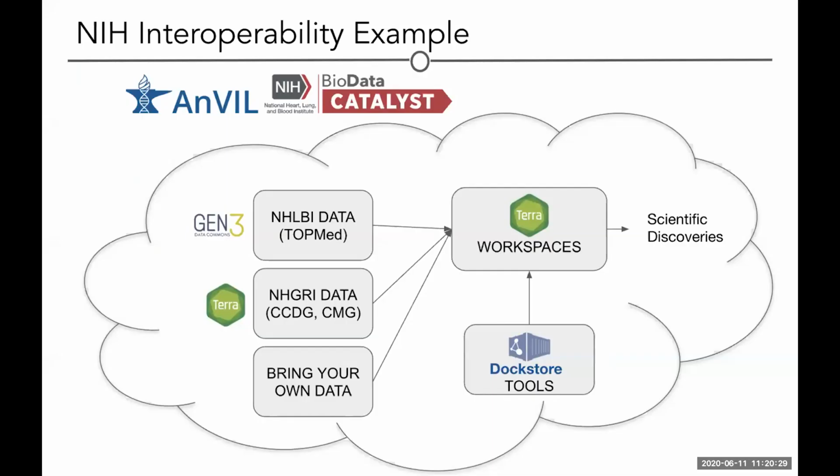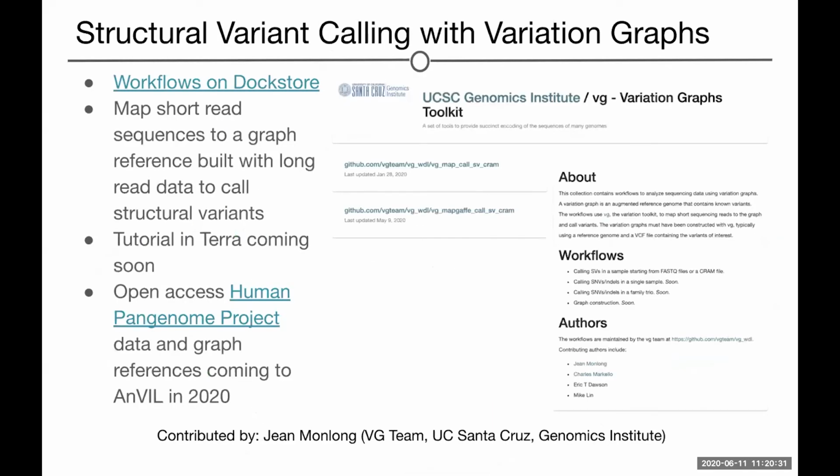Some available workflows that we already have for structural variant calling include the VG tool. This is the variation graph toolkit from the UC Santa Cruz Genomics Institute. The variation graphs allow you to leverage long read data with short read sequences.